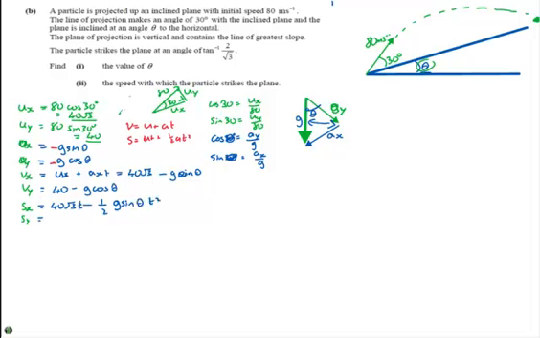It should be a t there, so it's ut minus 1/2 at squared. And similarly sy is 40t minus 1/2 g cos theta t squared. So once you get to this stage here, you've got the guts of the question done out.